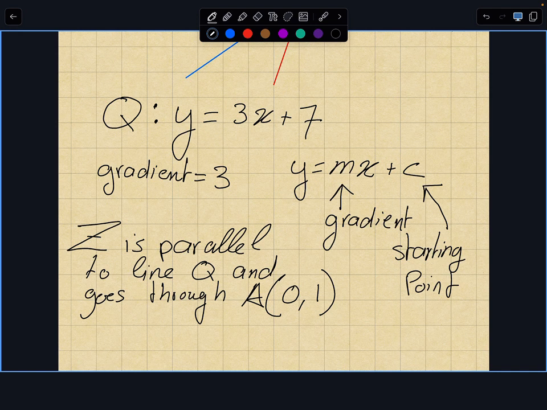And then follows the question: give the equation of line Z. Something like this can even come in a paper 1. It's that simple. It takes you about 10 seconds to figure it out.